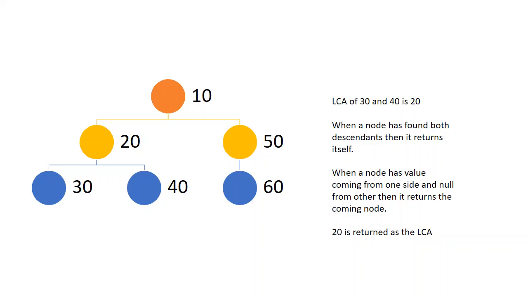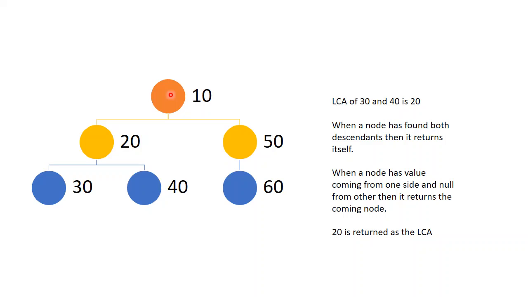One is, if you are at any node, let's say we want to find the LCA of 20 and 50, and you are standing at root node 10, starting here. As you traverse this tree and compare the current node's value, you will find that one side will return 20 as the answer, the other side will return 50 as the answer.